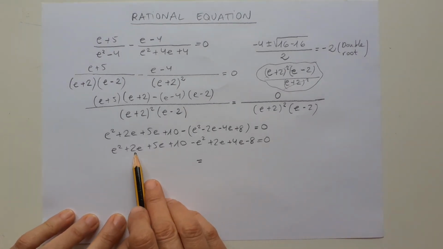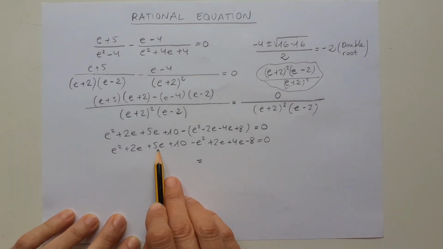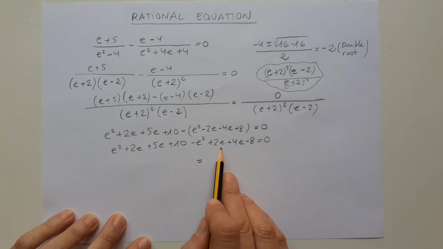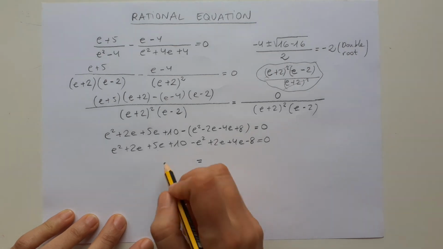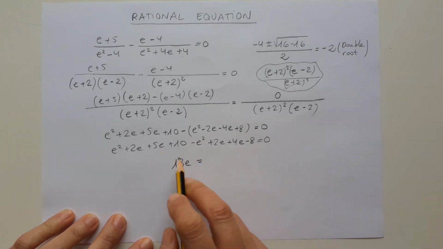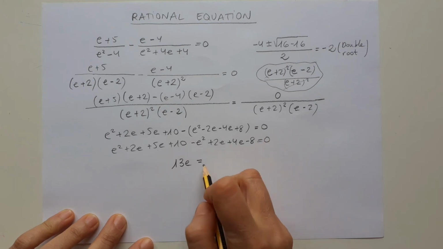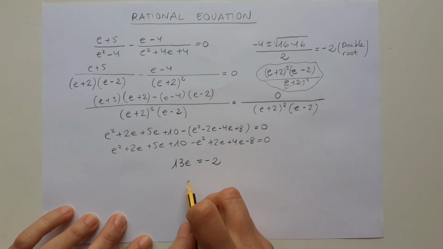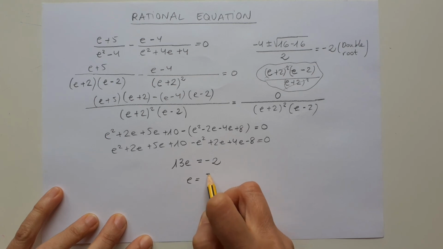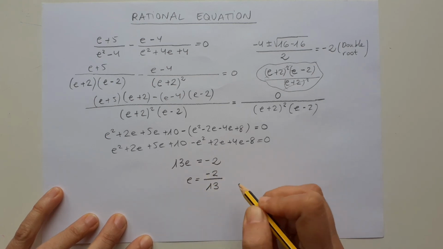So we have 2e plus 5e, 7e, 7e plus 2e, 9e, 9e plus 4e, 13e, equals negative 10 plus 8, that is negative 2. So e would be negative 2 over 13.